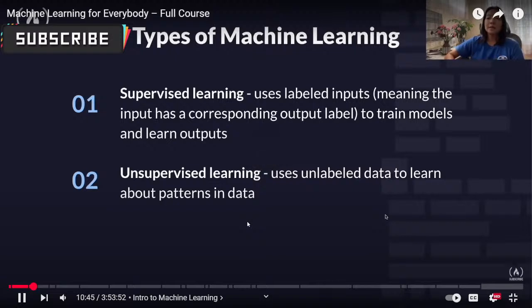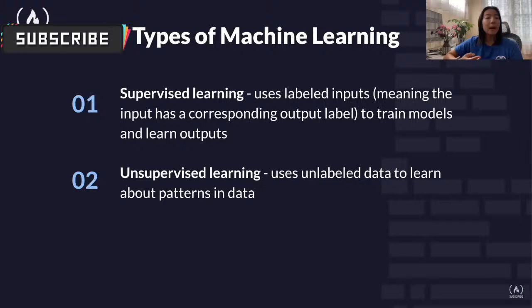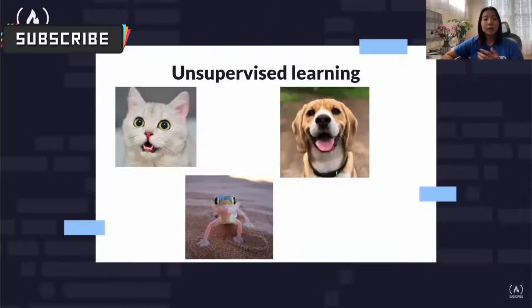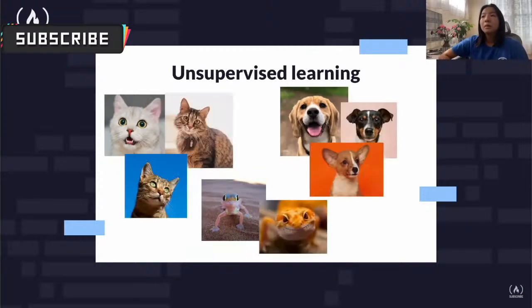And in unsupervised learning, we use unlabeled data to learn about patterns in the data. So here are my input data points. Again, they're just images, they're just pixels. Let's say I have a bunch of these different pictures.